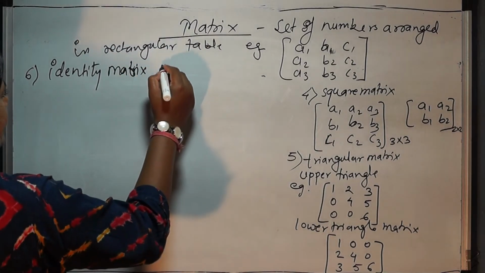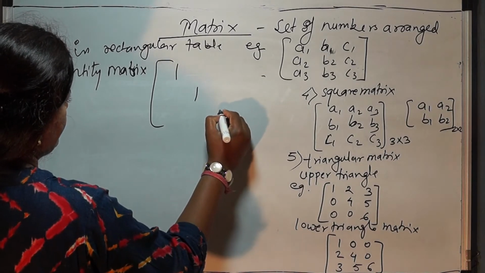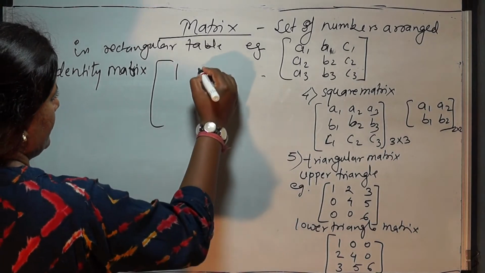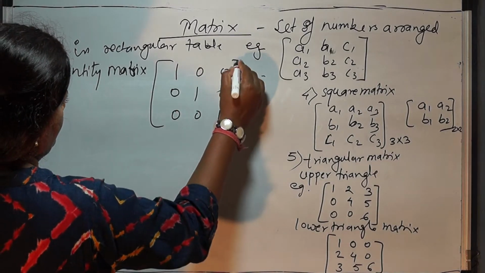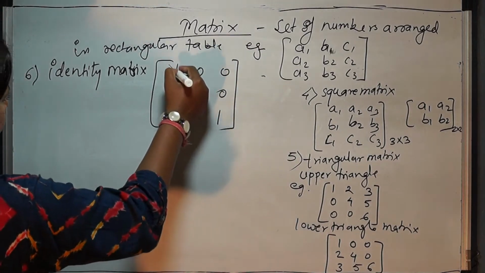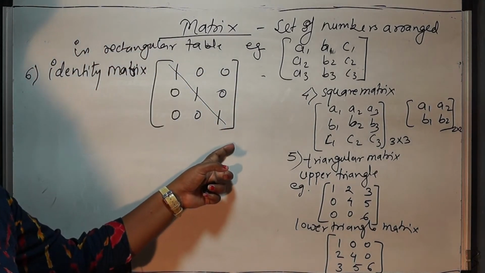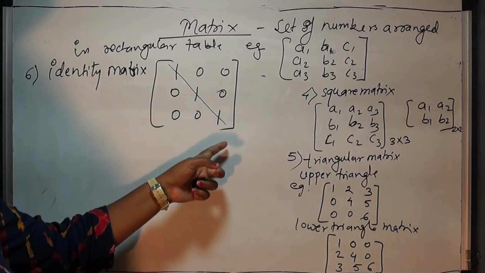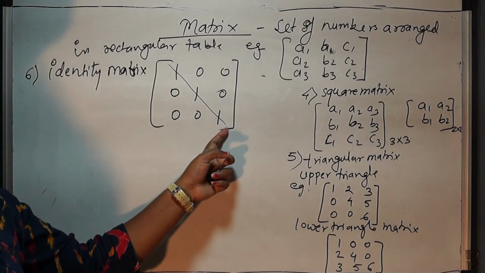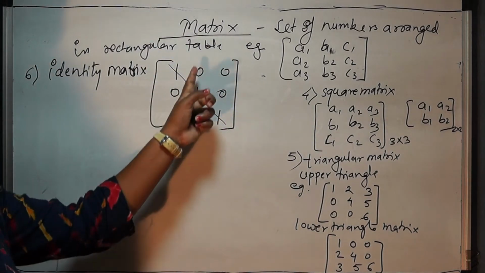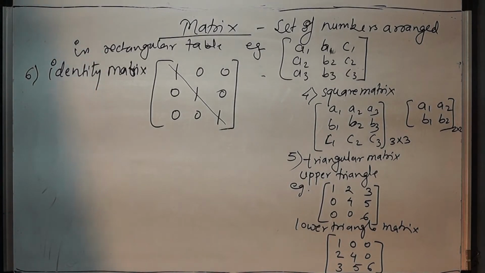Identity matrix means the diagonal elements are 1 and the other elements are 0. This is what an identity matrix is. It is called an identity matrix or unity matrix.